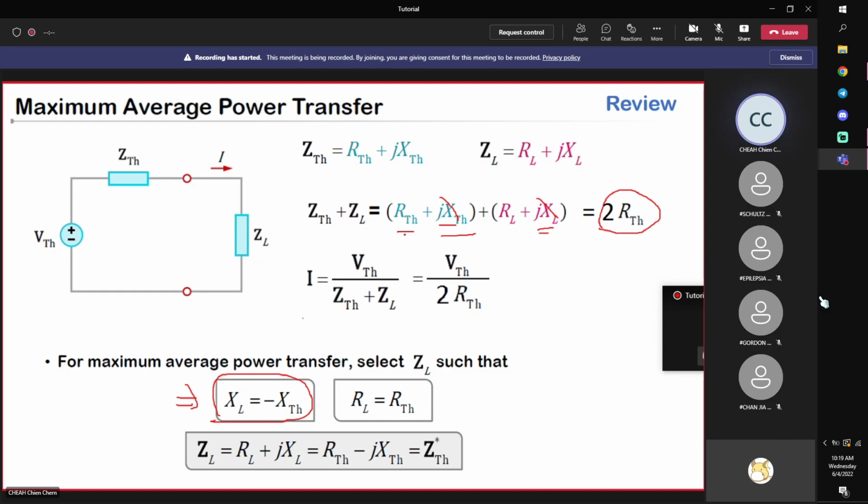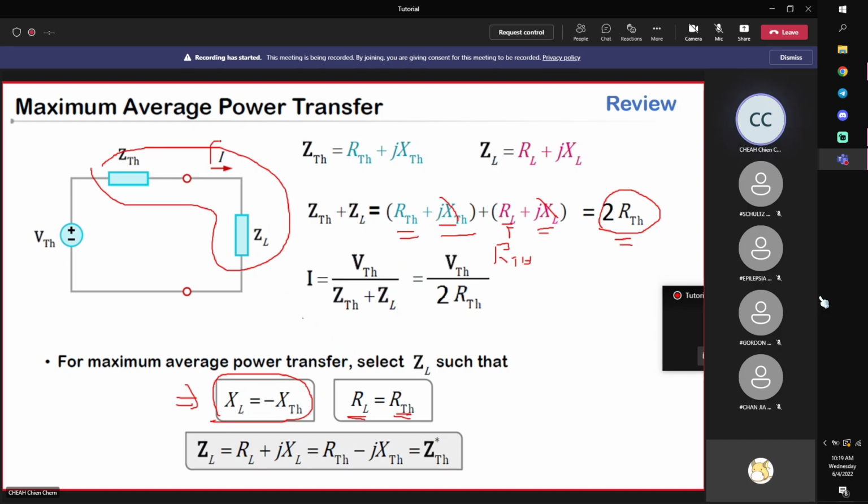Next, RL is equal to RTH. So this is RTH, and therefore when you add up, it becomes 2 RTH. This means that this whole impedance is actually behaving like a pure resistor of 2 times RTH.